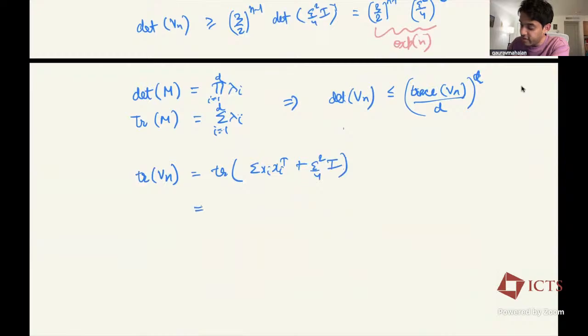Trace is linear. So this is at most, the first terms are just the trace, which is the norm. So the norm is less than 1. The n minus 1 terms give something of order n minus 1, so it's less than n plus epsilon squared d over 4.